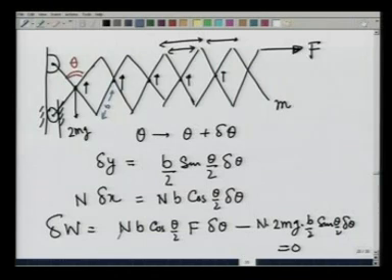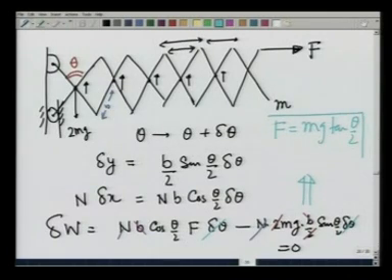This n drops out, 2 cancels, so does b, and so does delta theta, and therefore, you again get, and let me write it here to keep on the same slide, F equals mg tangent of theta by 2, same answer as earlier.